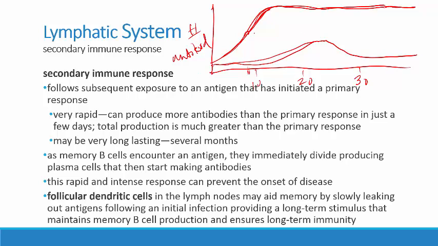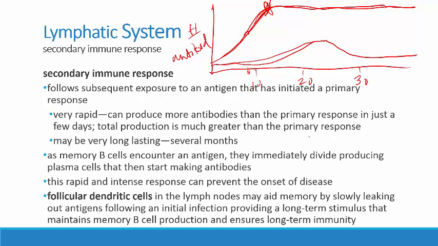And if you'll notice, by the time we reach peak response, somewhere between 10 and 12 days, that peak response is overwhelming compared to the response in the primary exposure. So this very rapid, very intense response with all these antibodies being produced can, rather than just fight the disease, prevent the disease entirely.